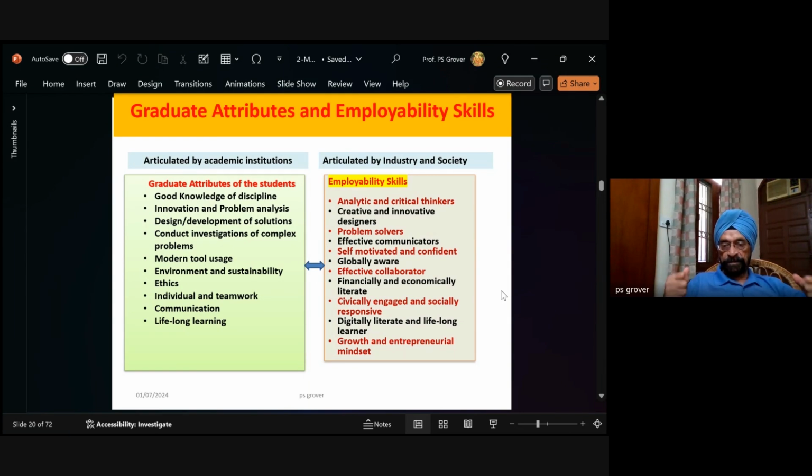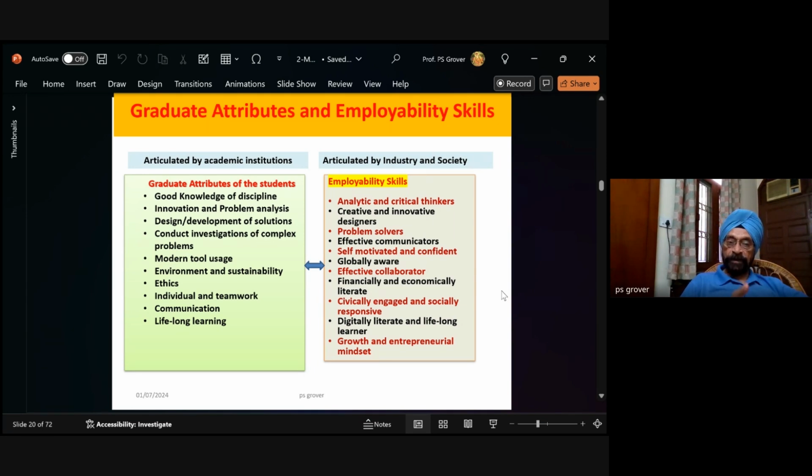Industry wants growth and entrepreneurial mindset people. क्लास में कैसे पढ़ाएंगे? तो we express them as graduate attributes. ये जो मैंने आपको लेफ्ट हैंड, आप जो राइट हैंड साइड पे देख रहे हैं कंपोनेंट, this indicates it encompasses what employability skills are.